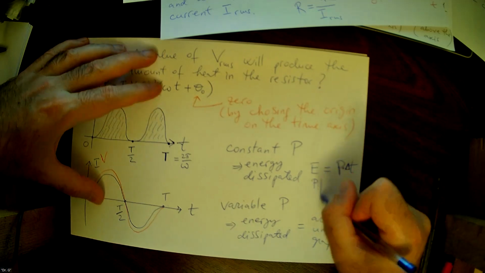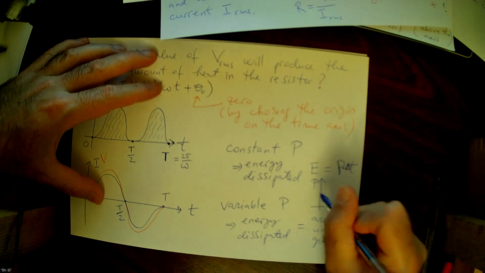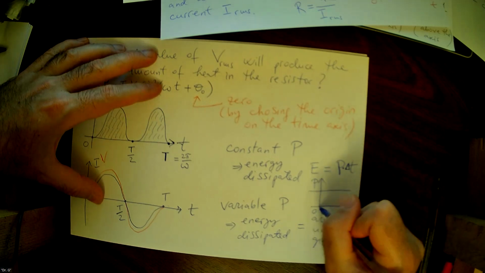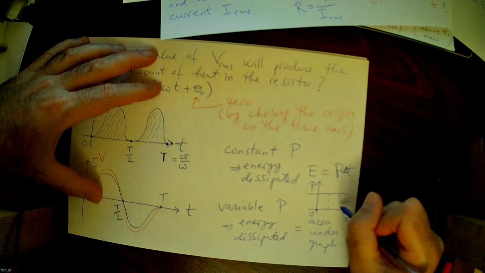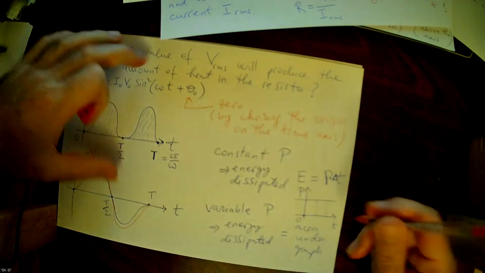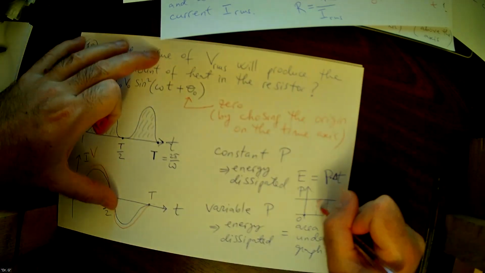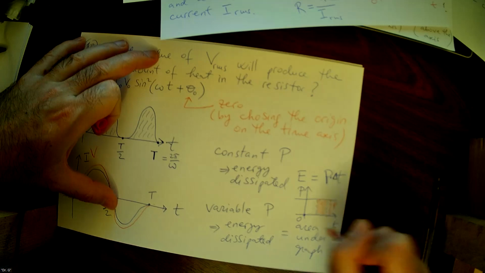If I represent the power as a function of time, and it is constant, then this area under the graph is the energy dissipated. From here to here, I have the power.